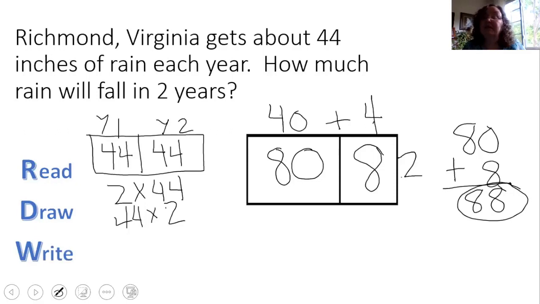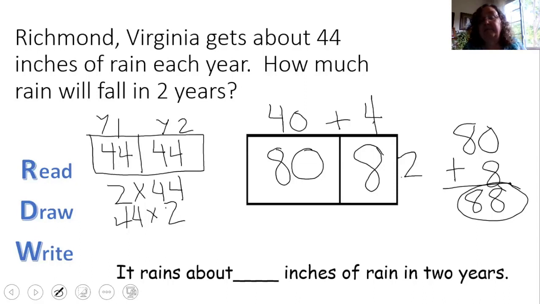No, because I still need to write a sentence. So if they asked me how much rain will fall in 2 years, what sentence would you write? The one I wrote, which might be like yours, is: It rains about blank inches of rain in 2 years.